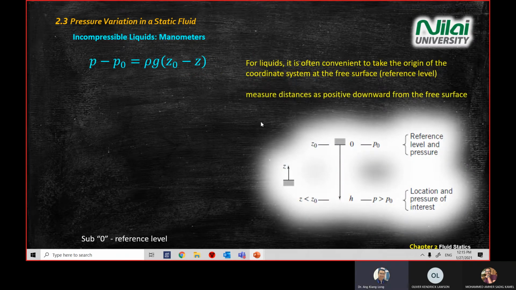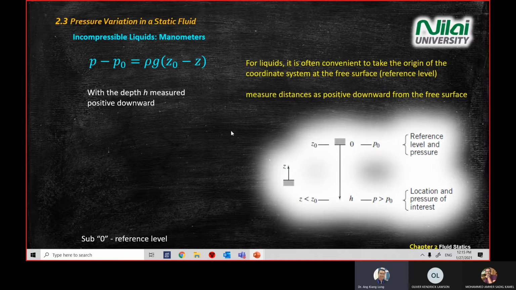The next one, if you look at this equation, P minus P0 equals rho G (Z0 minus Z). Again, in this case, our Z direction going up is positive. Just as a rule of thumb, when you check your pressure, how do you know when it's positive or negative?